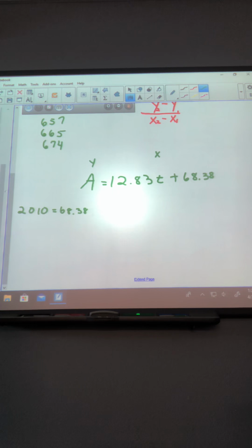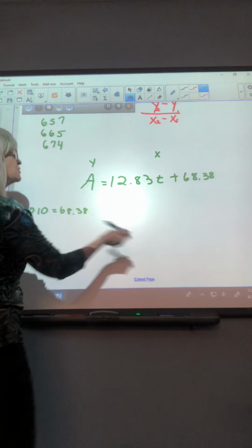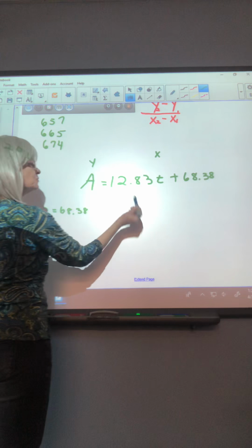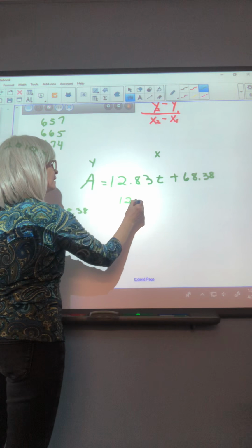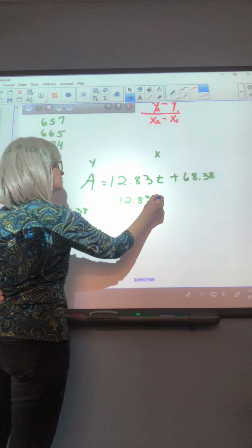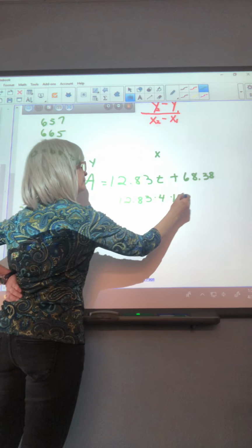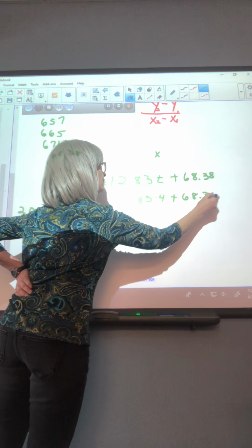So if you look at your graph for 2014, you can see that 2014 is 4 years from 2010. And so the T is going to be a 4. So it'd be times 4, and then plus the 68.38.